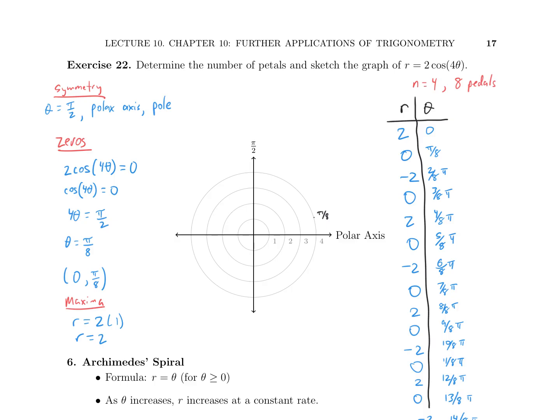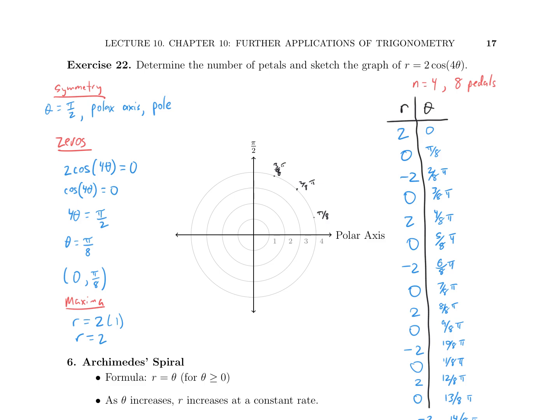And then you've got 2/8 pi, which is pi over 4, actually. And then 3/8 pi, and then 4/8 pi.